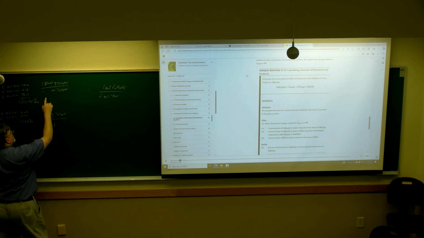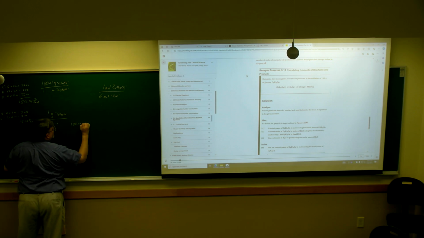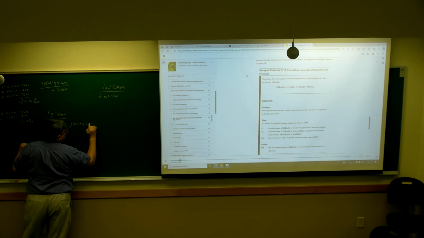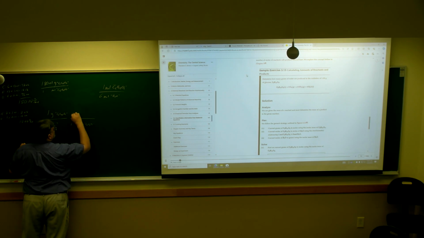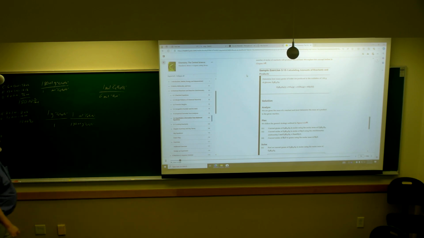But I want grams on the bottom, so I'm going to go 180.01 grams C6H12O6 to 1 mole. So that's how we start.